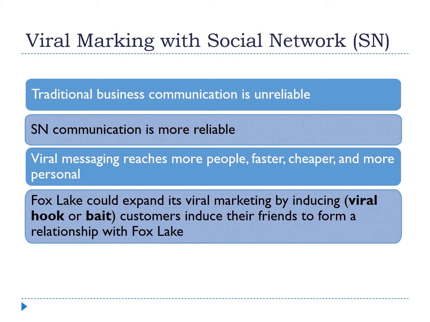From this aspect, social network communication is more reliable. A viral message can reach more people in a faster, cheaper, and more personal way. In our example, Fox Lake could expand its viral marketing by inducing customers to induce their friends to form a relationship with Fox Lake.